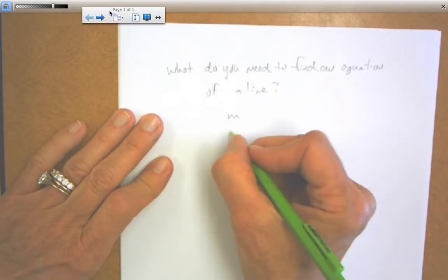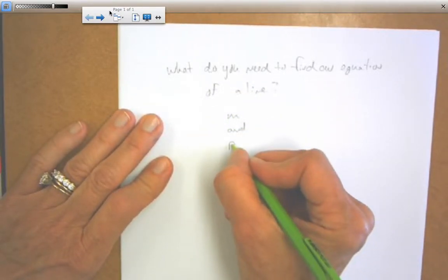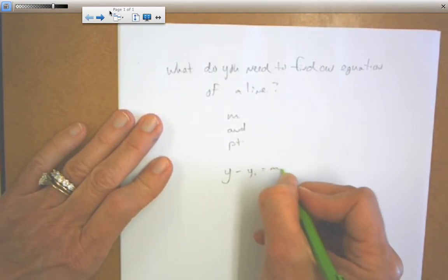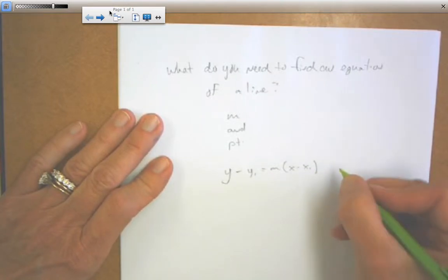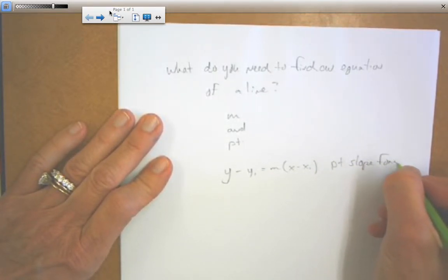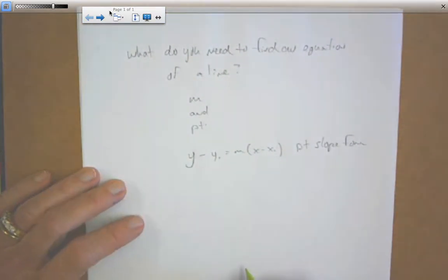You need slope and a point. So you can plug it into point slope form.